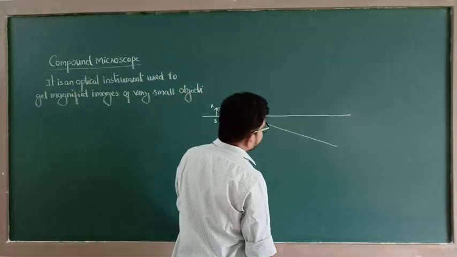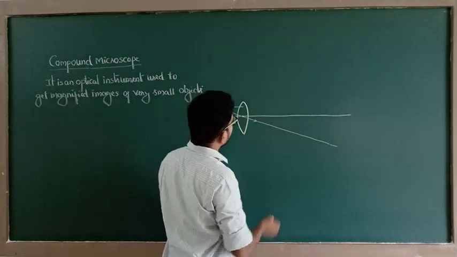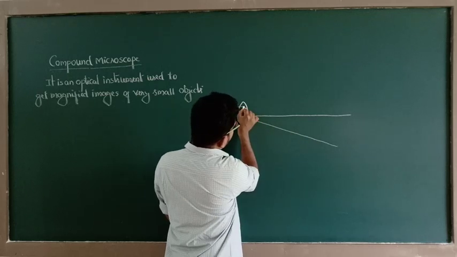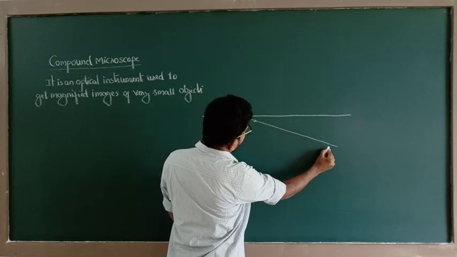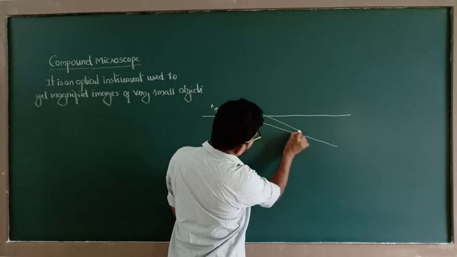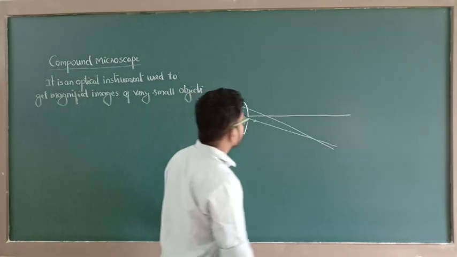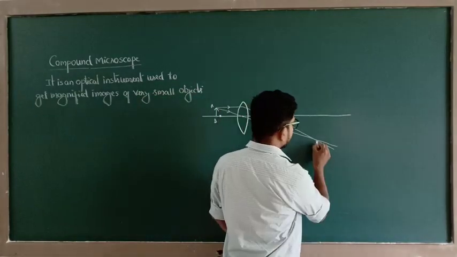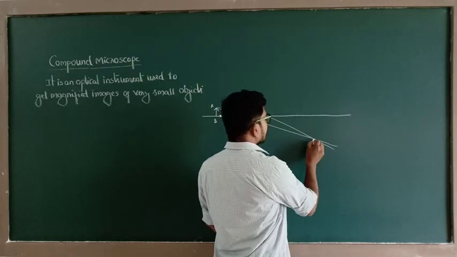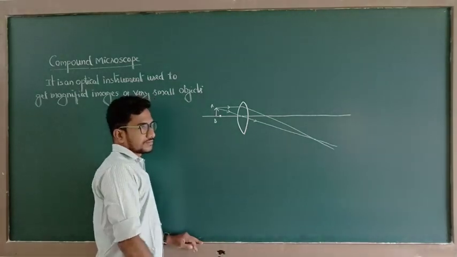Then after refraction, these two light rays are going to meet at some point. So this intersecting point represents the position of the image.